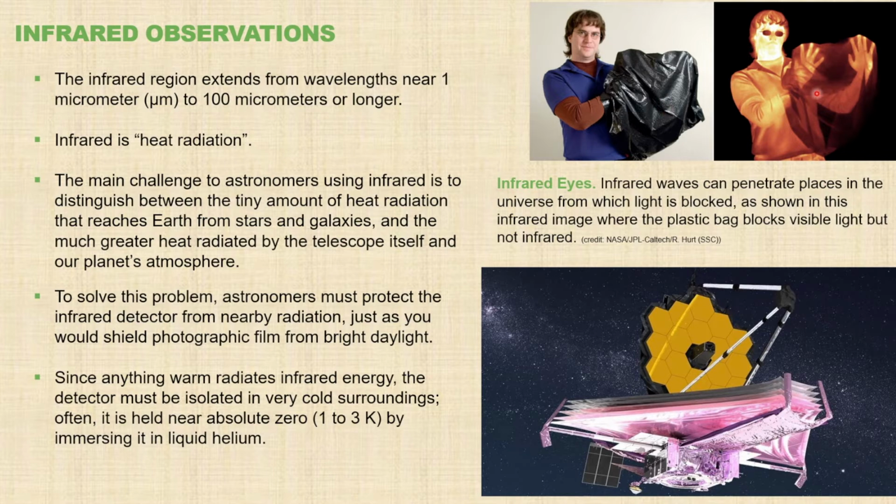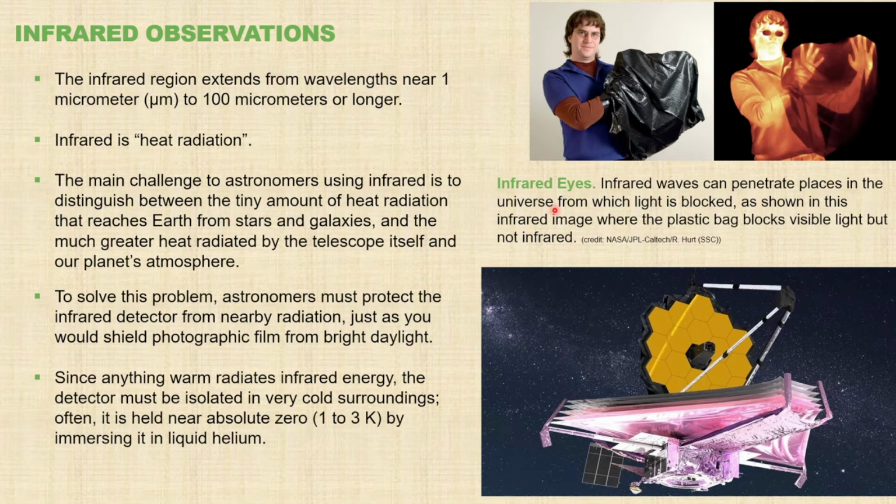But if it's looked through a camera that can detect infrared, a person would glow and seem like this. Even the radiation coming out of the hand is detected. And again, infrared is a heat radiation.